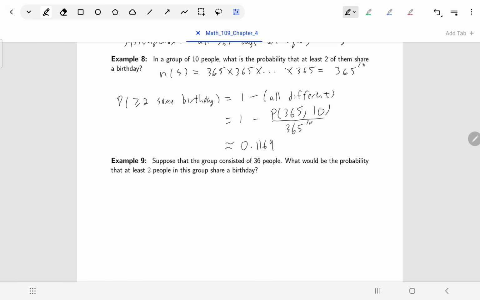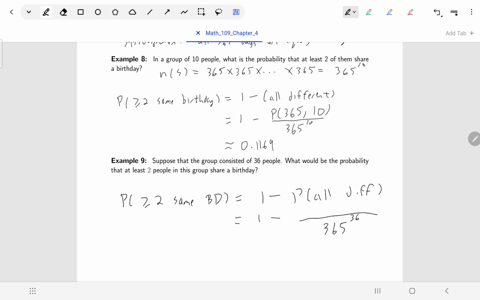But if we decided to repeat this and say, what if we did this with a group of 36 people instead of 10 people? It would be a similar sort of thinking. Again, you want at least 2 people to have the same birthday, so that would be 1 minus everybody's all different. For the sample space, instead of 10 people each having 365 options, it would be 36 people each with 365 options.